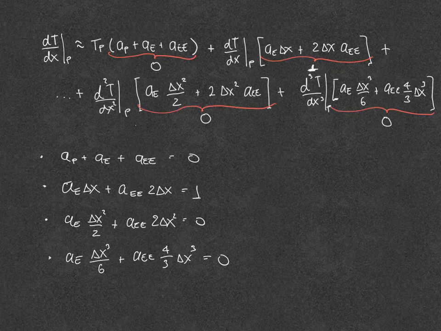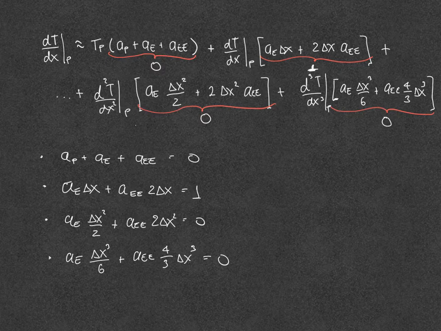We have 4 equations, and we have how many unknowns? Think. We have AP, AE, AEE. We have 3 unknowns, and we have 4 equations. What do we do? So we have an overdetermined problem.